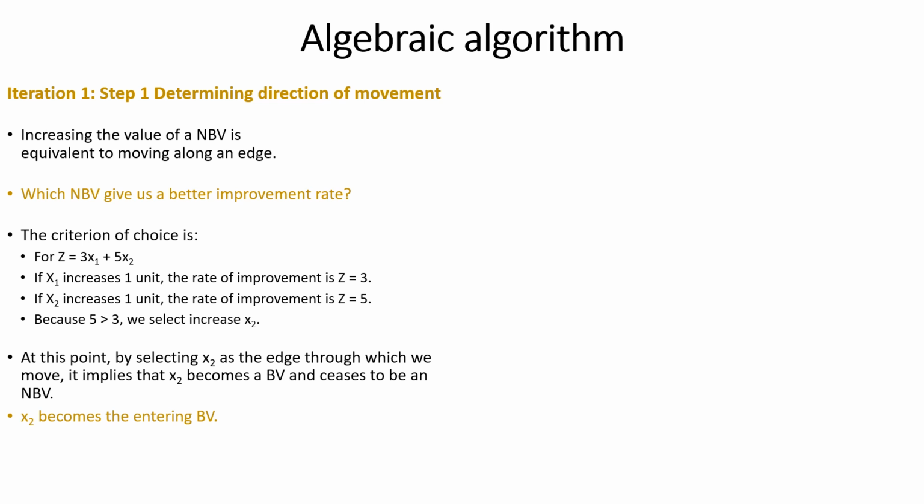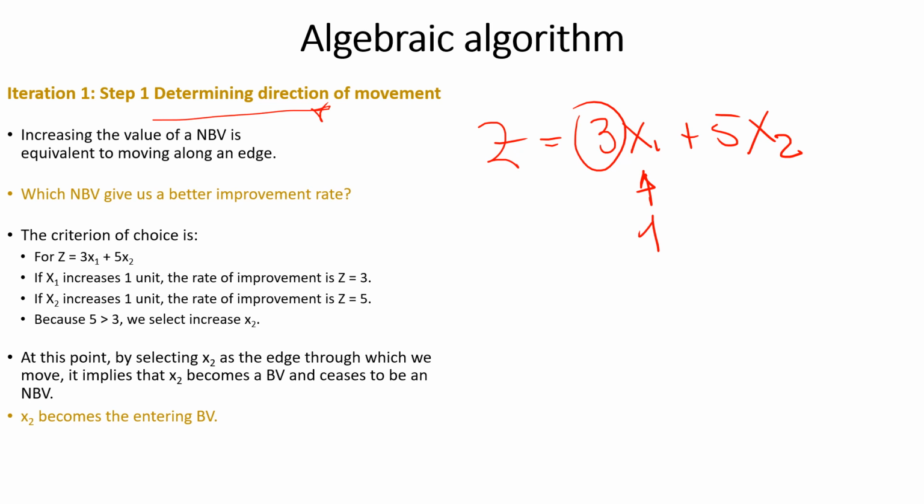Iteration 1, step 1. Same as we did with the geometric algorithm, we're going to determine which direction we should go. Remember, we take our original objective function, 3x1 plus 5x2. If we increase x1 by 1 unit, we're able to enhance z by 3 units. If we change x2 by 1 unit, we're able to enhance z by 5 units.